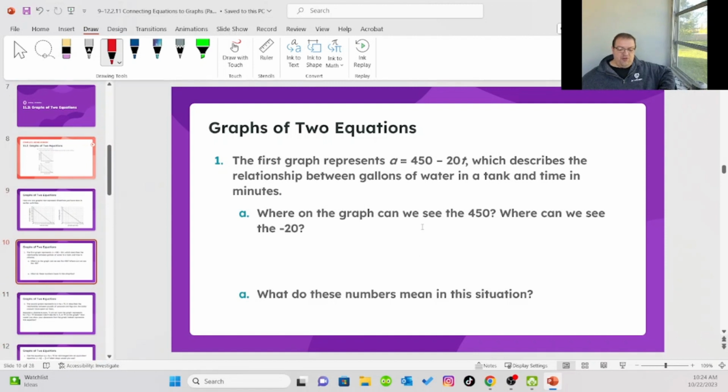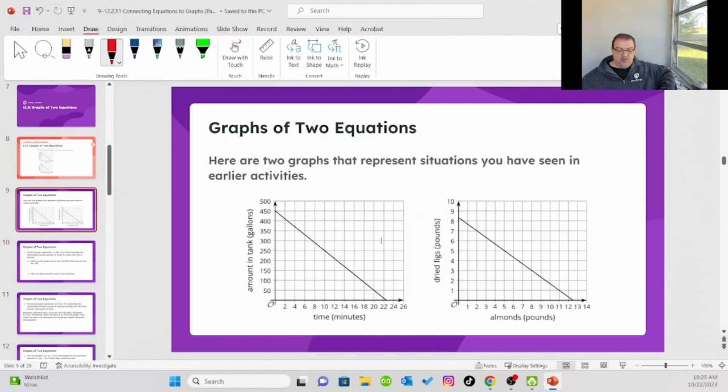The first graph represents A equals 450 minus 20t, which describes the relationship between gallons of water in a tank and time in minutes. Where on the graph can we see the 450 and where can we see the negative 20? So the 450 is right here.